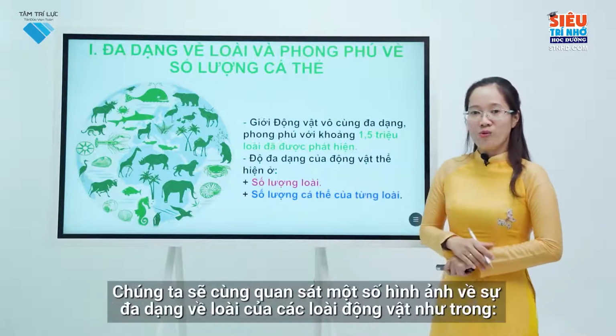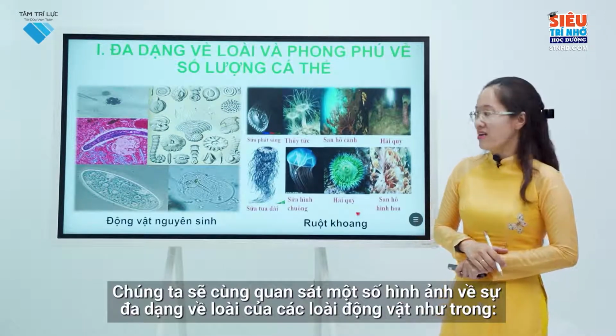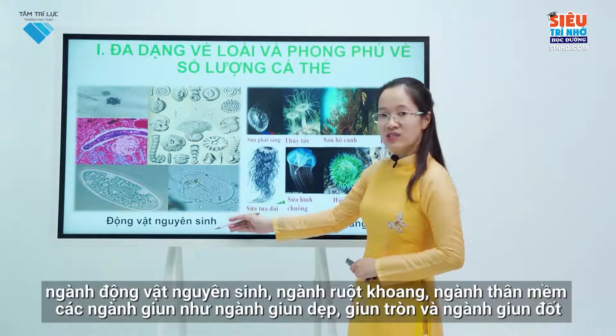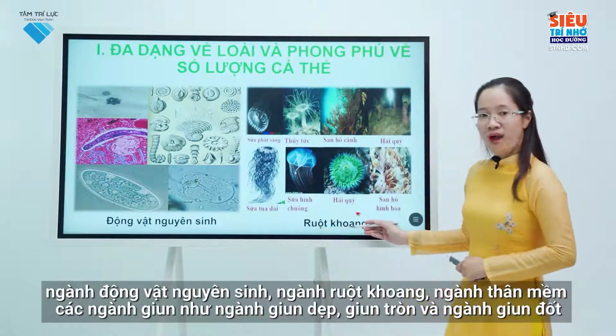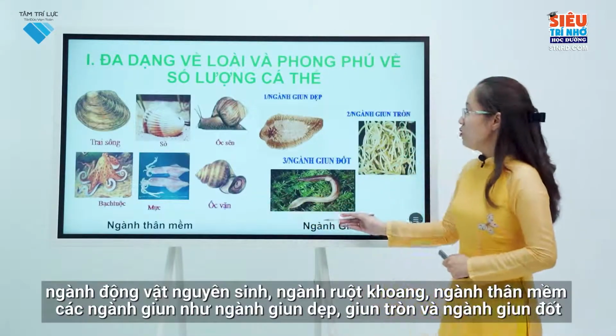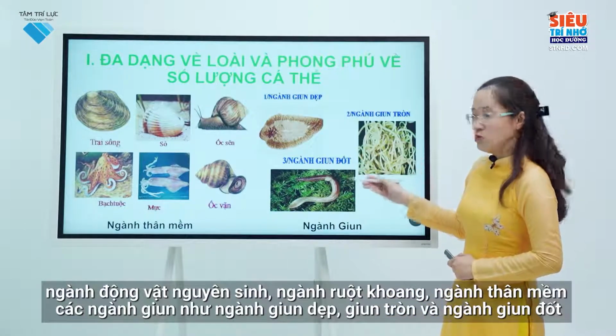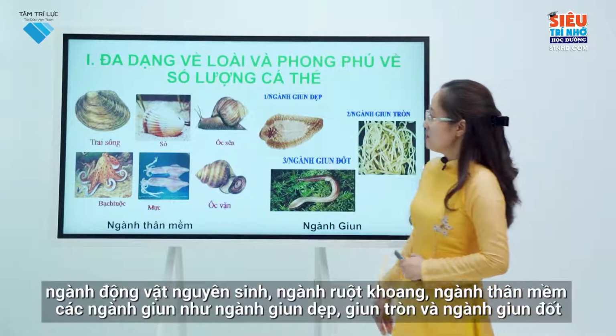We will observe together some pictures of the species diversity of animals, such as Protozoa, Coelenterata, Mollusca, and worms such as flatworms, nematodes, and Annelida.